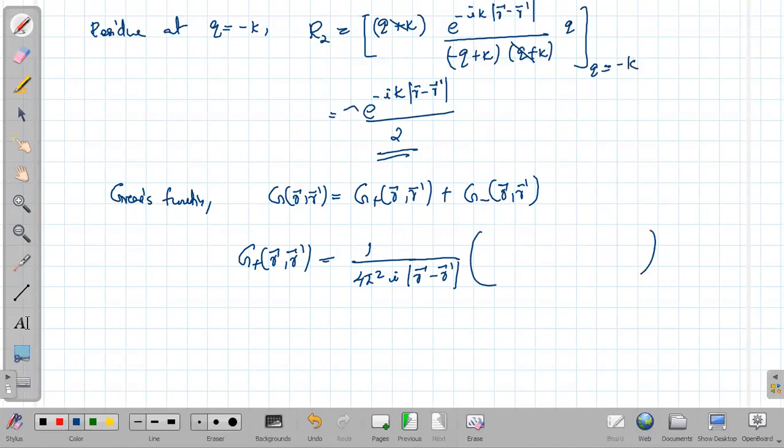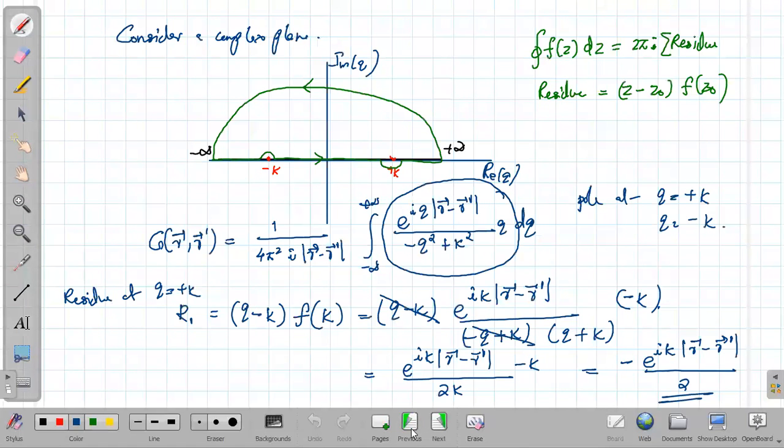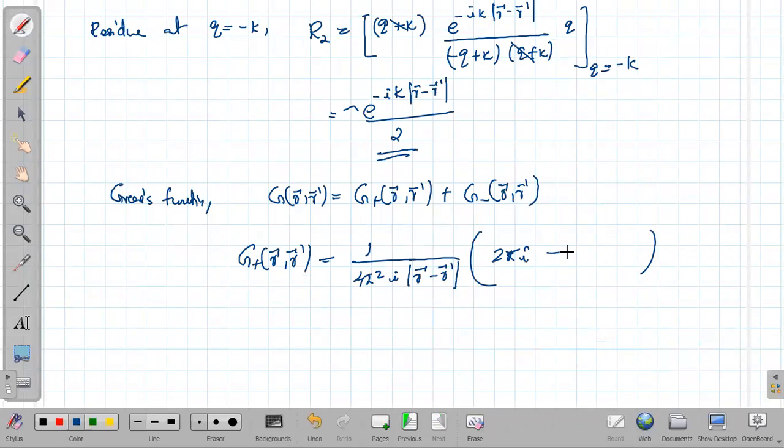Then the integral result, what is the integral result? 2 pi i times the residue, which is minus e raised to ik modulus of r minus r' divided by 2. That's it. There is no r minus r' over here.